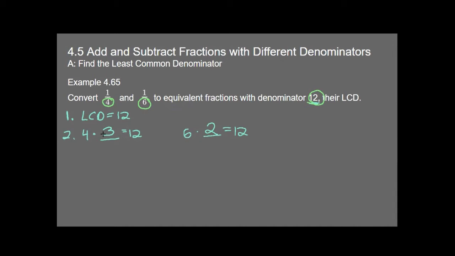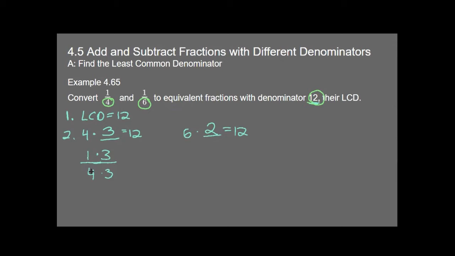Okay, so I'm going to work with this 3 when I'm changing the fraction 1/4 into a fraction with 12 as the denominator. So if I multiplied the bottom times 3, remember, to keep it an equivalent fraction, I have to multiply the top by 3 as well.